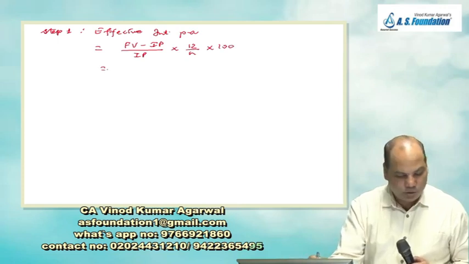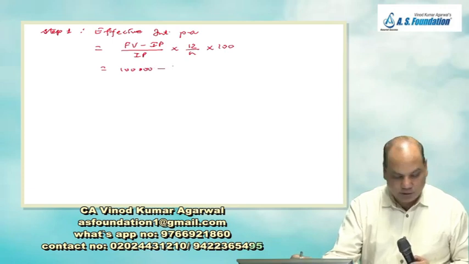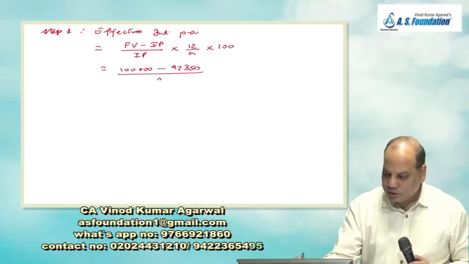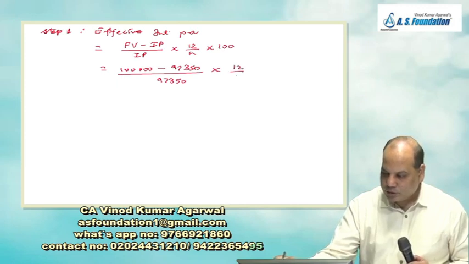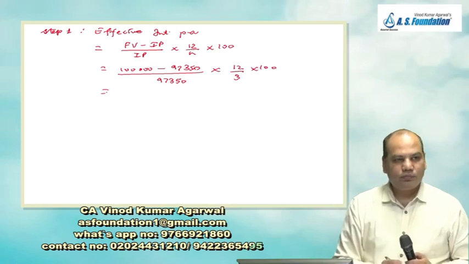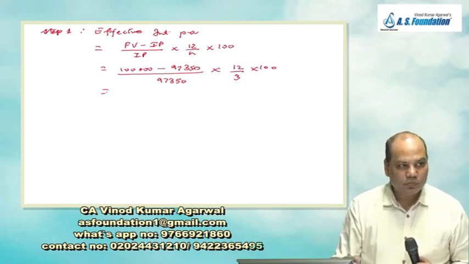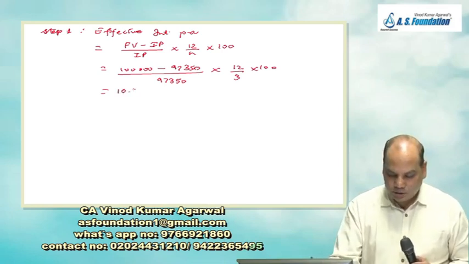Sir, why are you writing 12? Because in this question they have mentioned 3 months in the problem, and there is no way you can calculate the days. So take 3 months only. Solve. Is it 10.89%?